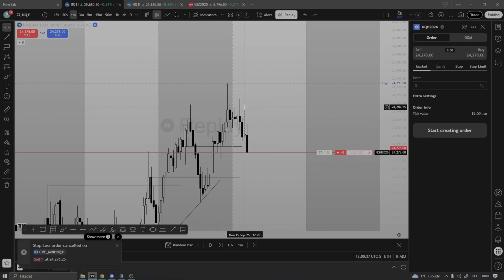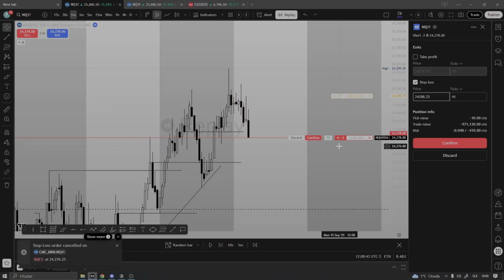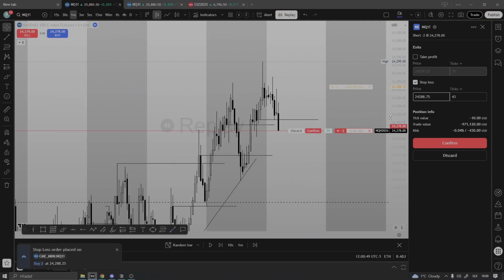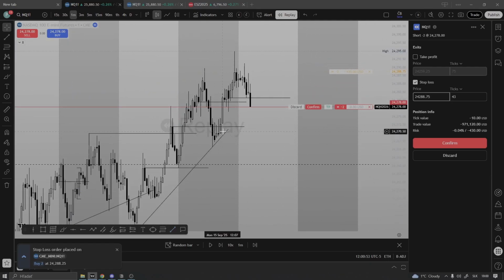Our stop will be that 12:20 high. And now in terms of TPs, the first TP, you know, this low.